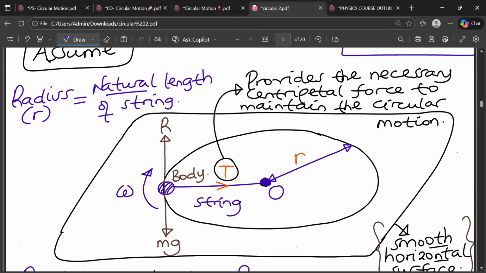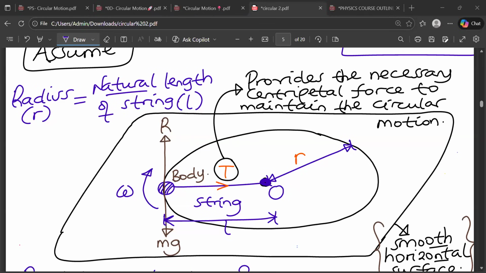Do you people see that? That radius is equal to the natural length of the string L. What do people need me to illustrate? The string is coming from there up to here. That's the natural length of the string L. But you can also see the radius. It is almost the same thing. It is from the center to the periphery of the circular motion.